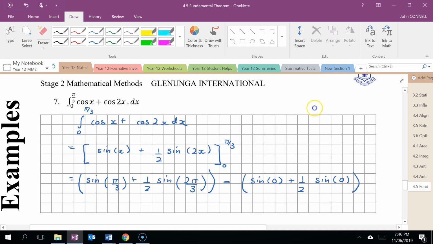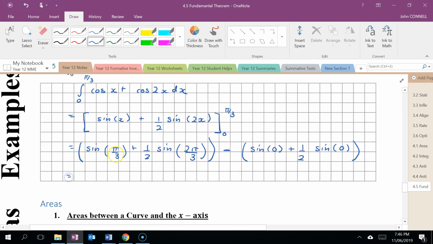Close off that bracket. Sine of pi on 3 is root 3 on 2, plus a half sine of 2 pi on 3, which is also root 3 on 2. Take sine of 0, which is just 0, so that's just take 0. So here we get root 3 on 2 plus root 3 on 4. You could work that out as a decimal, but we want an exact answer.